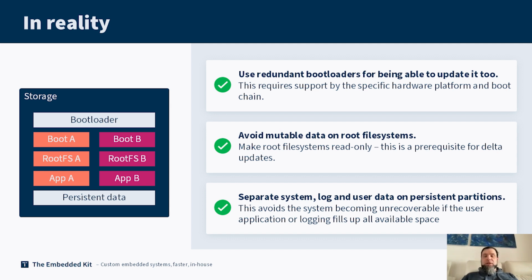So in a nutshell, the hardware and your earliest boot process have to actually be capable of switching bootloaders. In my experience, that is usually not the case. If you want the possibility to also update the bootloader in a live product, then you really need to plan for it early in your product cycle, because that has some very severe restrictions on which kinds of hardware and which kind of starting process you can actually use.